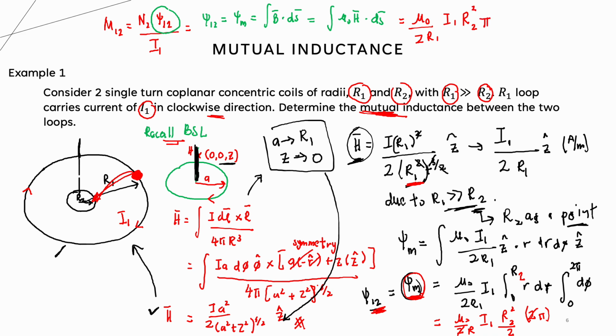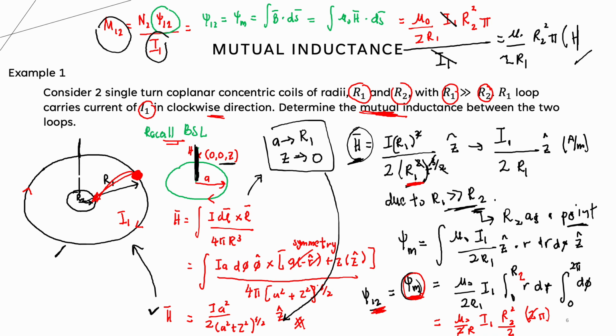Next, we need to divide by I1, so we can cancel it. Later we get the mutual inductance. For this case, M equals mu naught over 2 R1, R2 squared, pi, in Henry. So this is our final answer.